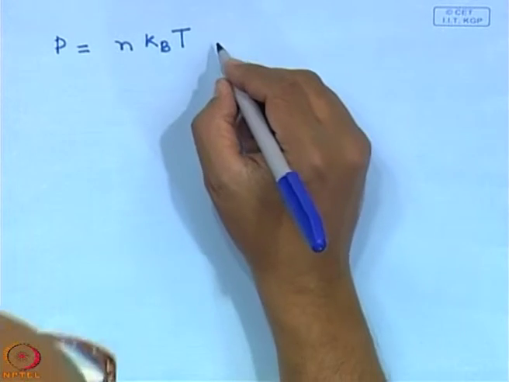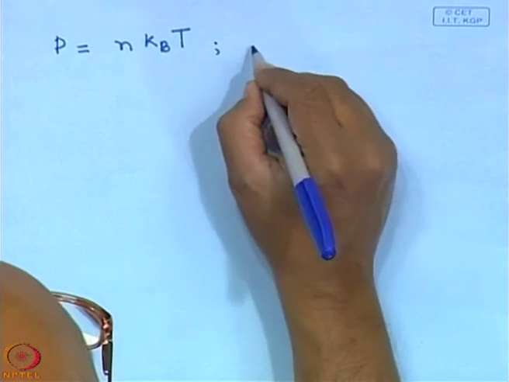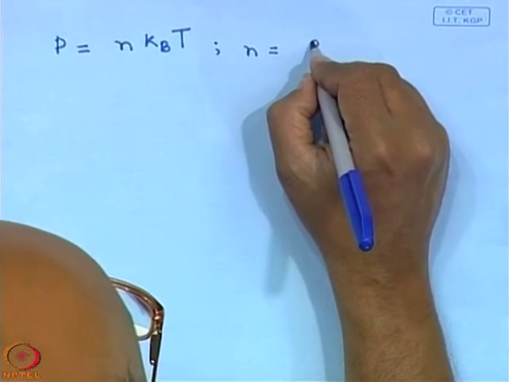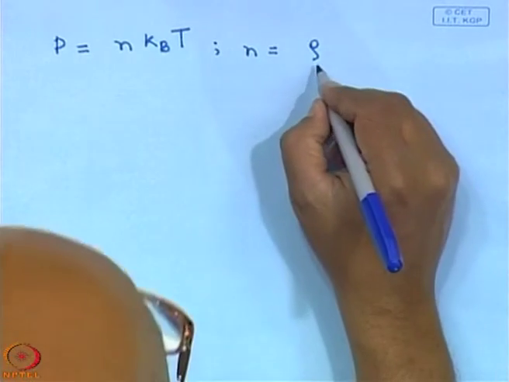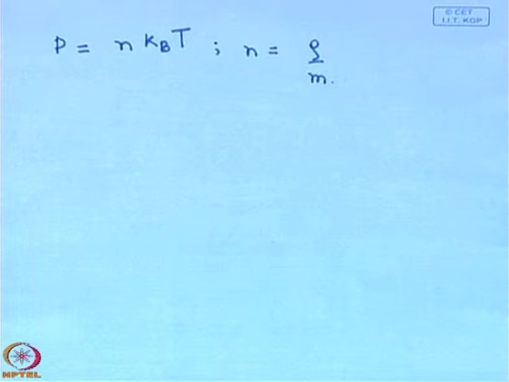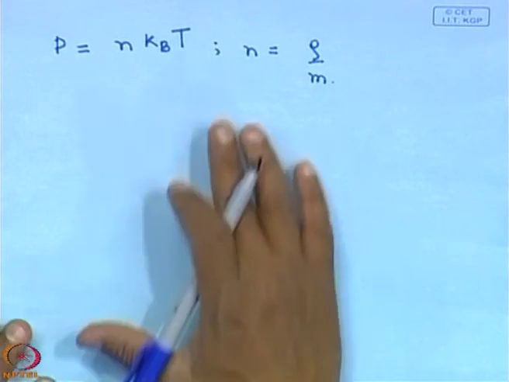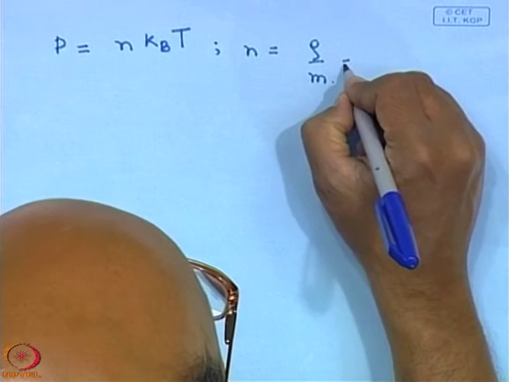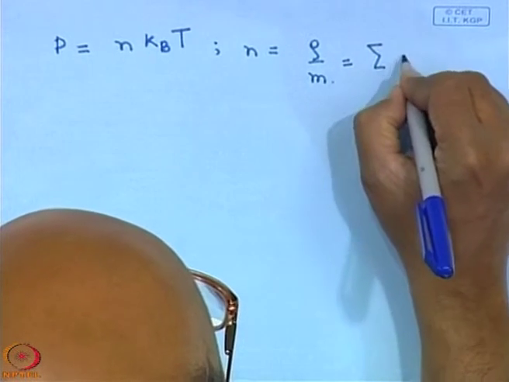Okay. Now the number density N is the mass density divided by the mass of individual particles. Okay. And if I have many species of particles, I have to then add up the contribution from each of these species.